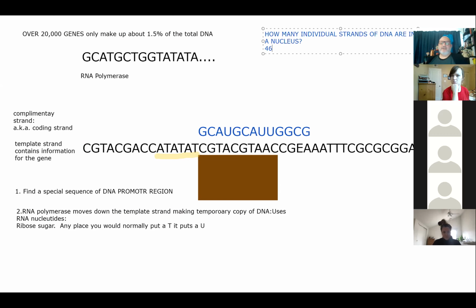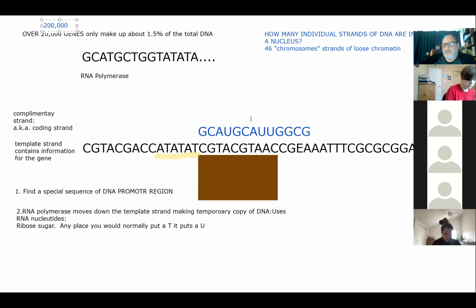So notice you've got 46 what's going to be chromosomes, but right now is just loose chromatin. And notice over 20,000 genes. So each chromosome has thousands of genes on it. Each strand of DNA has thousands of genes.